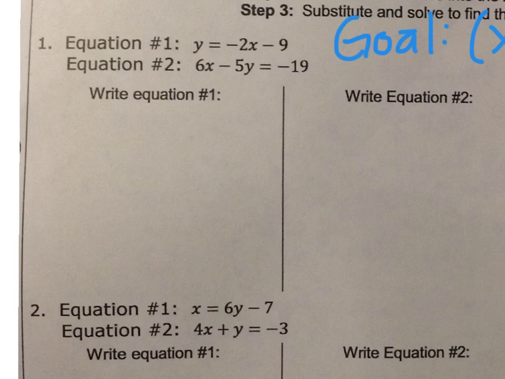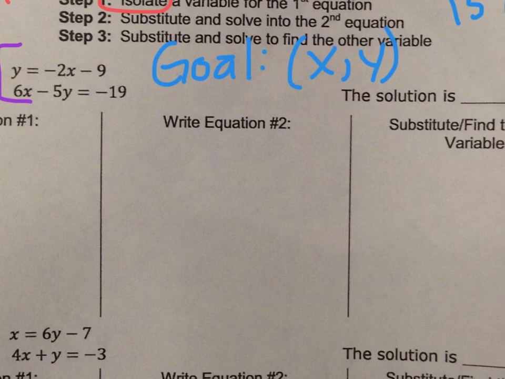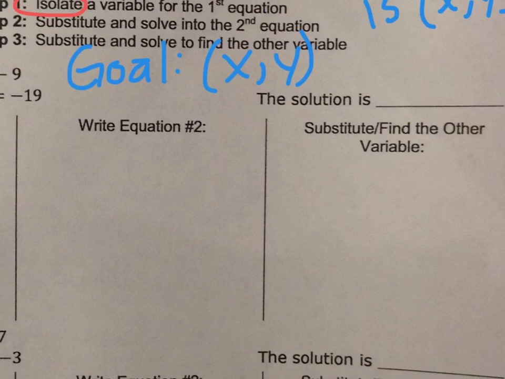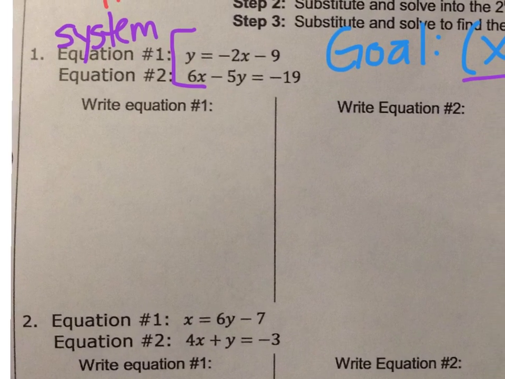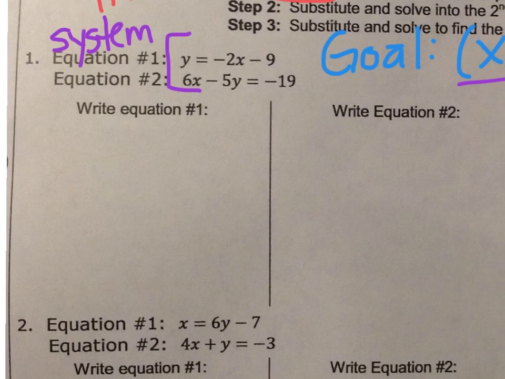Alright, so number 1, we're given two equations. Remember, these two equations together form a system. We need to find the solution to this system, so we know that our goal is going to be a point, x and y. The first equation is y equals negative 2x minus 9.